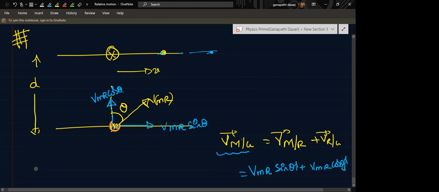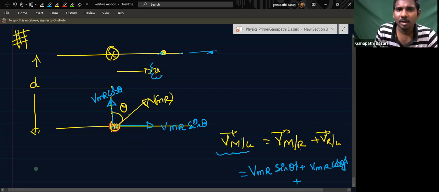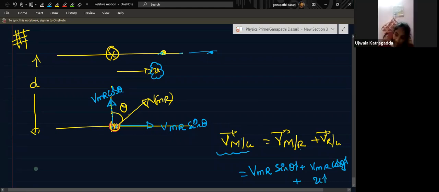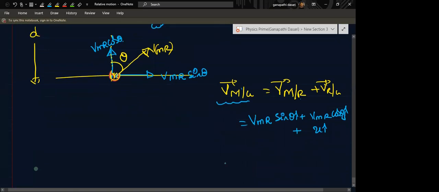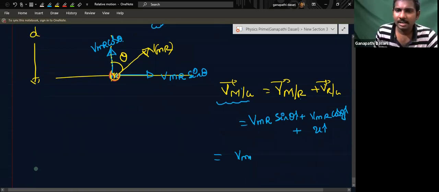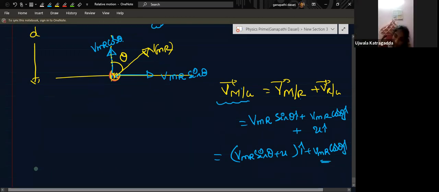Plus VRG, which is nothing but u, the velocity of the river with respect to ground, u i cap. Then my answer becomes (VMR sin theta plus u) i cap plus VMR cos theta j cap.